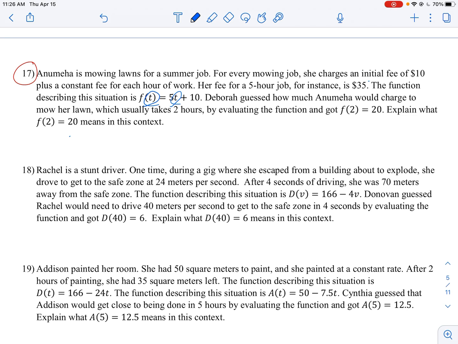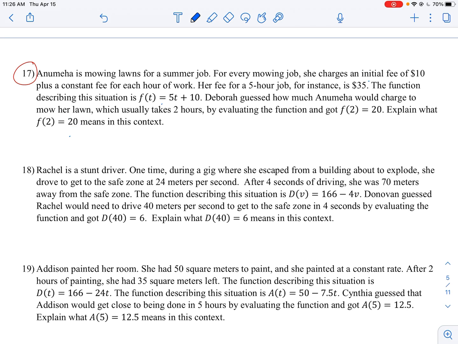So the 2 in f of 2 is going to represent how long she spent mowing your lawn, which is going to be 2 hours. And then it equals 20. Remember, the equation is describing how much money she's charging people, so this 20 is going to represent the amount of money.